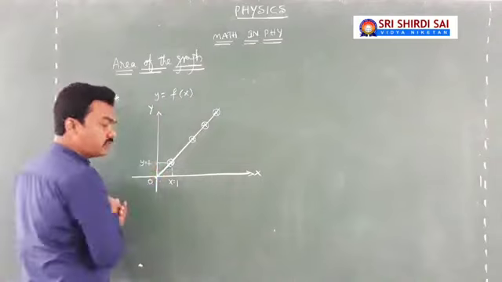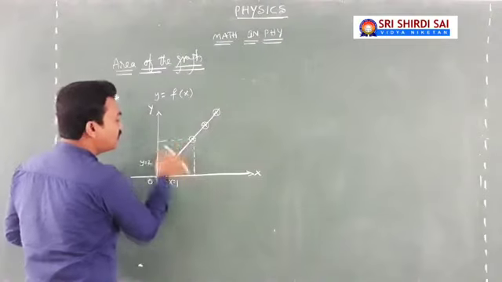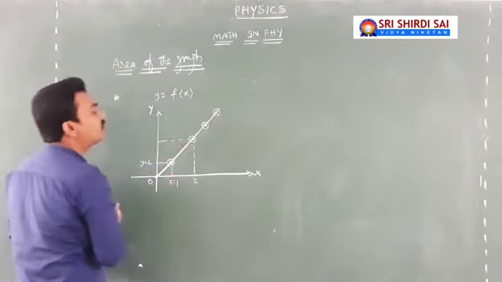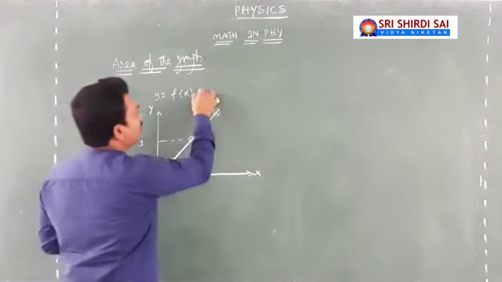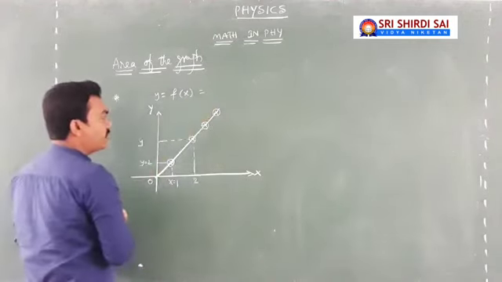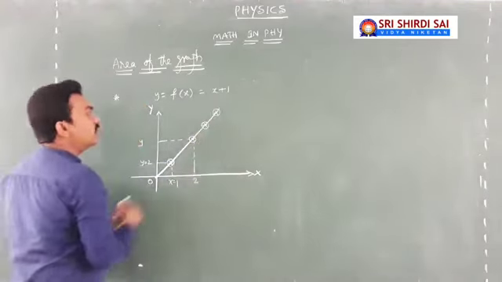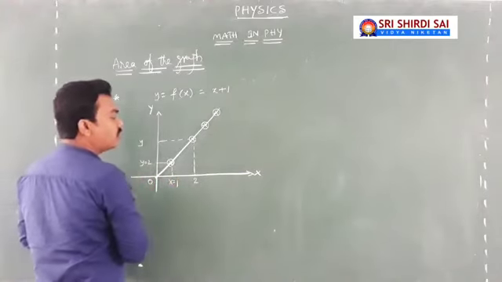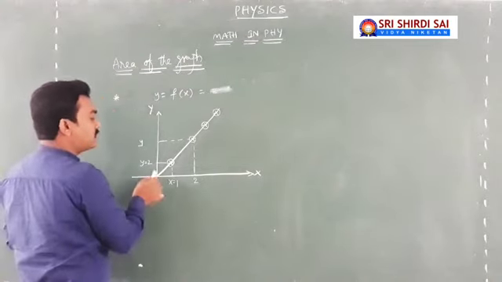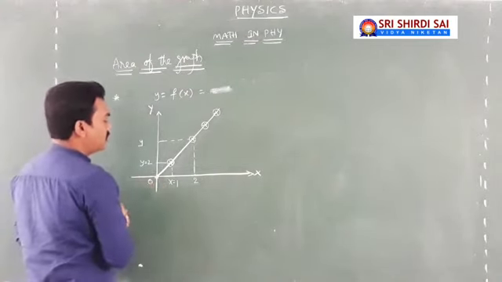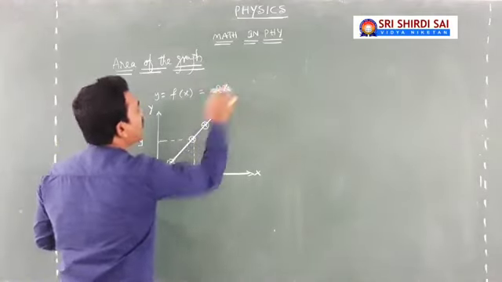Let us take the equation as x plus 1, for example. Sorry, you should not take y equal to x plus 1 because it is a straight line passing through the origin. So let me take y equal to 2x.